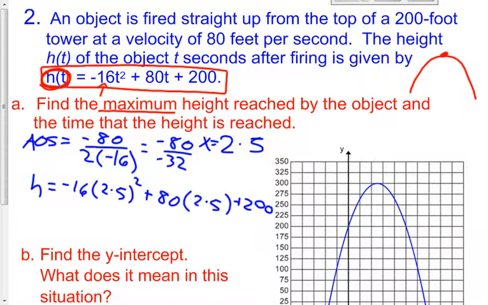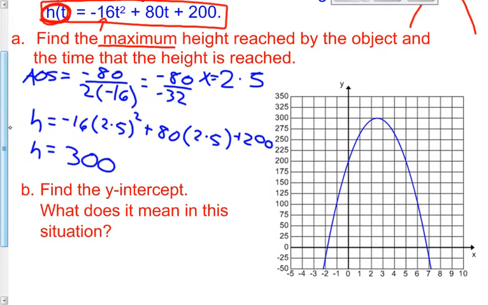But we get a value of 300. h equals 300. So as you can see on our graph right here, at 2.5 seconds, so here's 2, here's 3, at 2.5, the shirt that TC Bear shot with that gun got to right there, which is 300 feet.